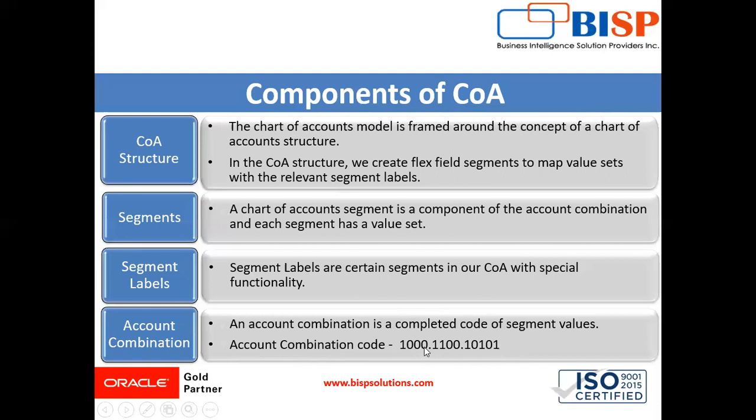The first one is for the company, the second is the department segment, and the third one is for the account segment. The segments are separated by the delimiter. So you can define the delimiter as per your requirement. So this is the account combination.